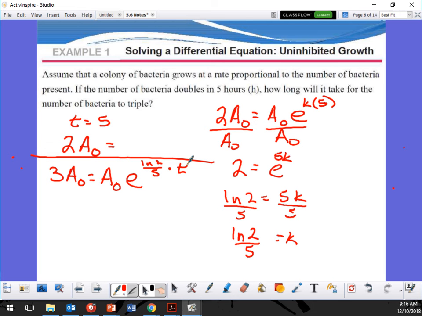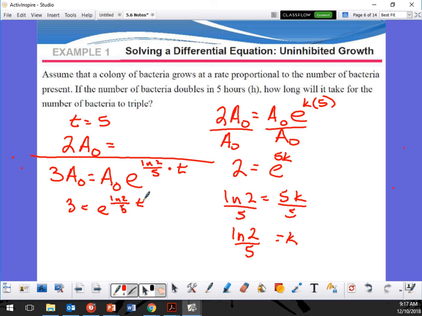So then 3 equals e to the natural log 2 over 5 t. And then natural log it.